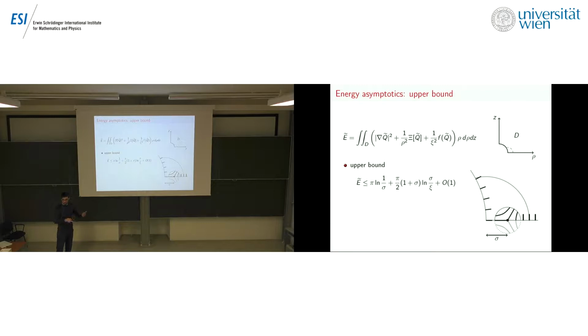So it costs more. That's why here I have a pi log 1 over sigma, which is to be compared with this pi over 2 here, which comes from the actual defect I put here, but at a smaller length scale. There I am allowed to use the full space to do the rotation, so it costs a bit less.